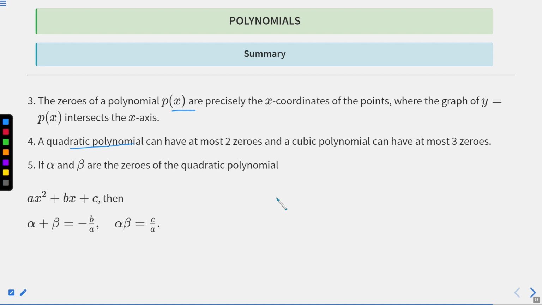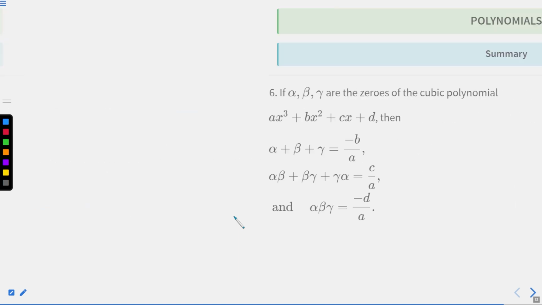The fourth point: a quadratic polynomial can have at most 2 zeros and a cubic polynomial can have at most 3 zeros. Fifth point: if alpha and beta are the zeros of the quadratic polynomial ax square plus bx plus c, then alpha plus beta is equal to minus b upon a, and alpha times beta is equal to c upon a.